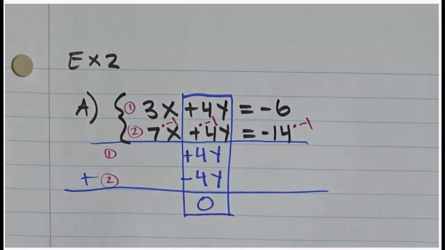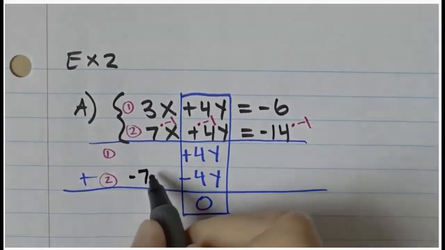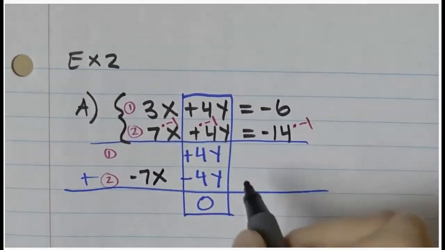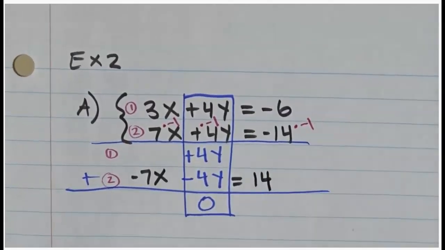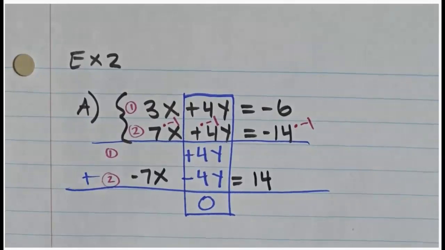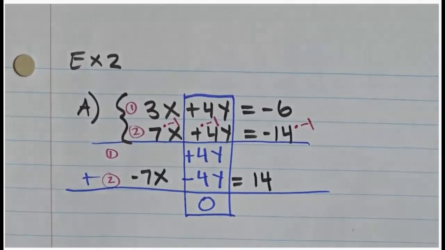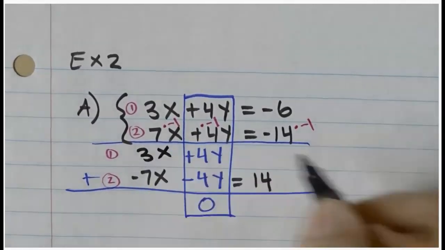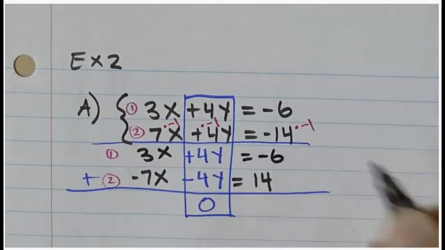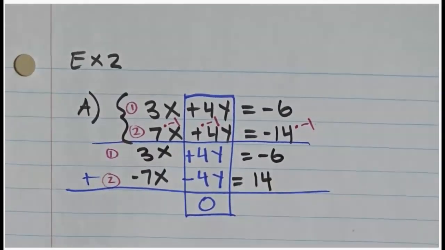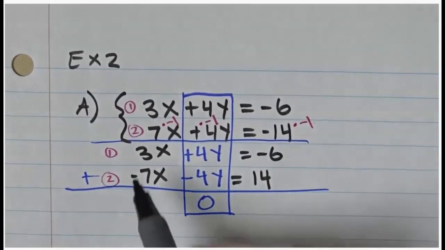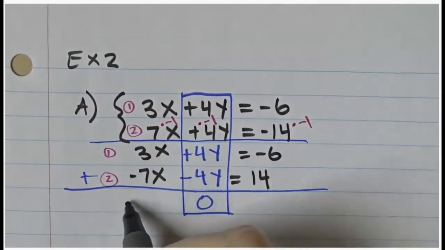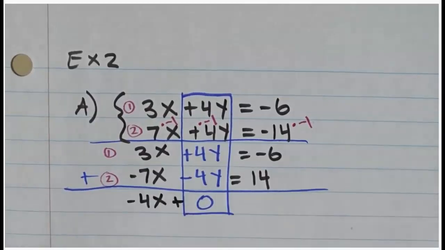So now my first term in the second equation would be negative 7x, and this 14 that used to be negative will now be positive. And since nothing needed to change in that first equation, it's going to stay the same. 3x is still there, and negative 6 is still there. Okay, so now I'm ready to add up my two new equations. 3x, take away 7x, is negative 4x.